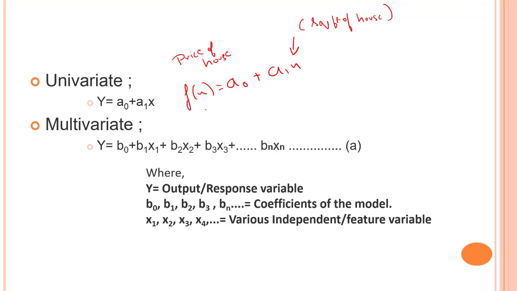But in multivariate, we have more than one x. So f(x) is equal to, as of now, let's take the notation of b0. You can also put it as a0.